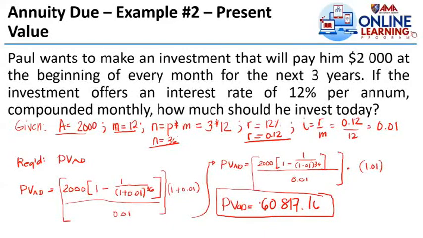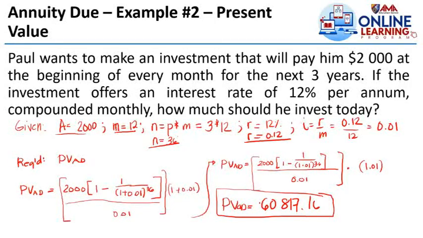So every first day of the month, the company or bank pays him $2,000 for the next 3 years. If the investment offers an interest rate of 12% per annum, compounded monthly, how much should he invest today?